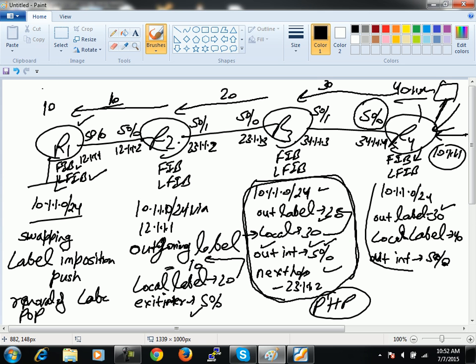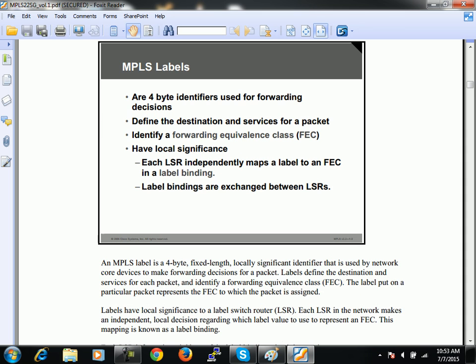Fine, guys. Let's talk about this label once again. Each LSR independently maps a label to an FEC in a label binding. Here, they are denoting this FEC as one prefix, because there is a rule that for each prefix they will map a unique label.